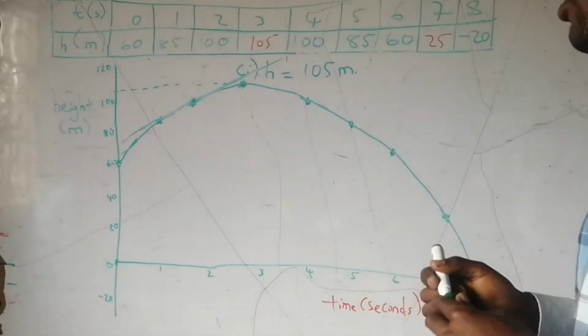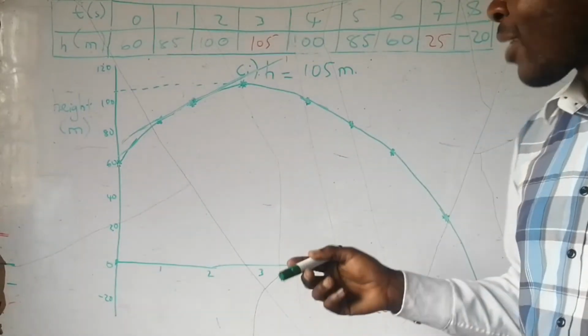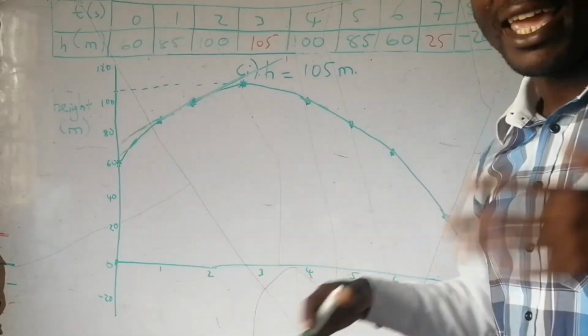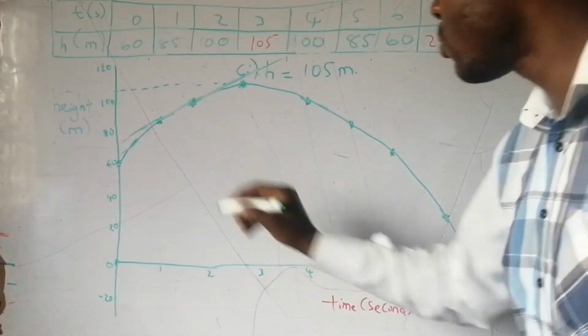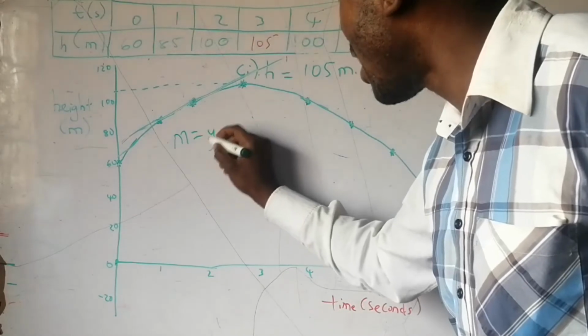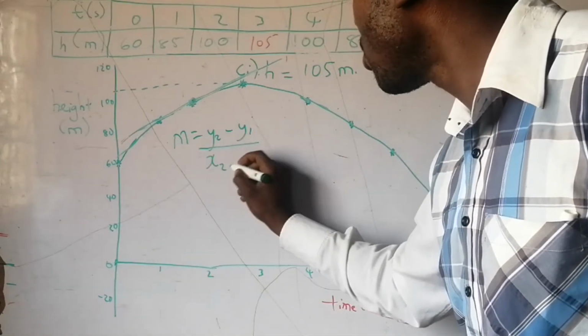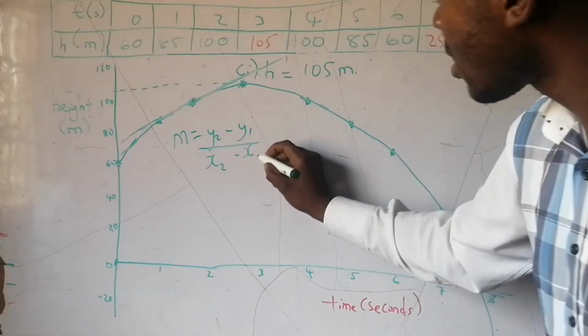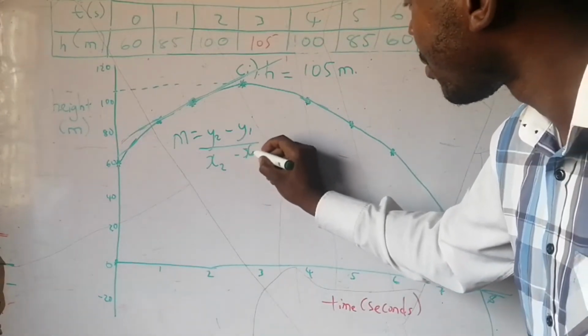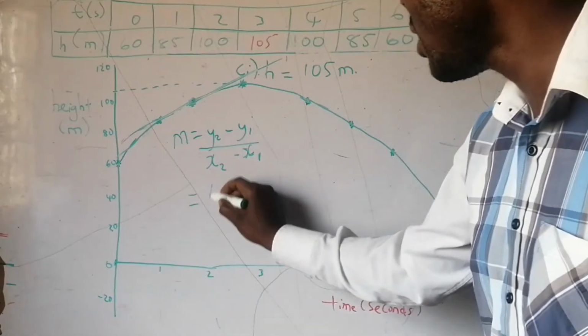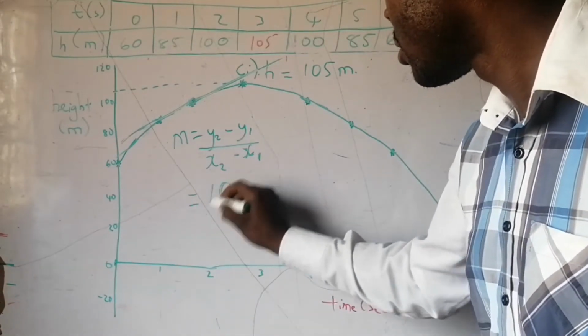and you know how to find the gradient. Just pick any point on the line and use the formula of gradient, which is m is equal to y2 minus y1 over x2 minus x1. You see that the answer is 10.